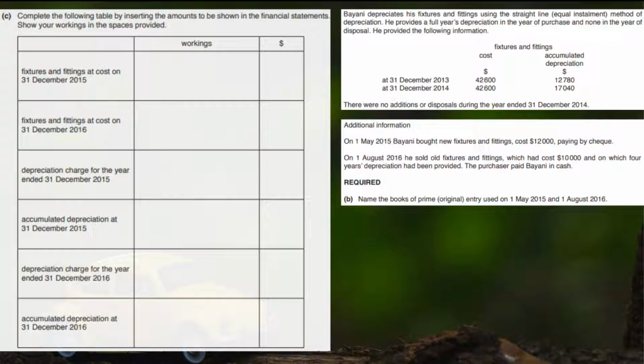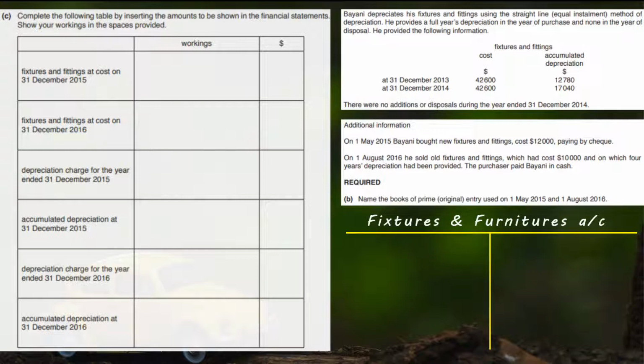So for this I would like to also show the T account so you can see how it looks in the T, and we can also do it without the T. So for this fixtures and fittings account, we know on 1st January 2015 the balance brought down was 42,600. During the year he bought new ones, paid by bank, amounting to 12,000.